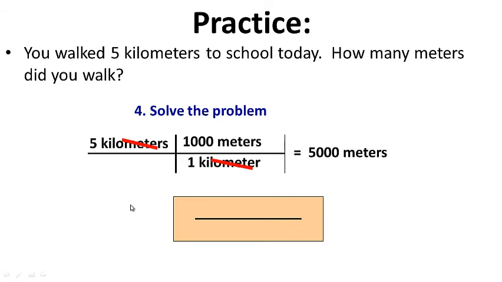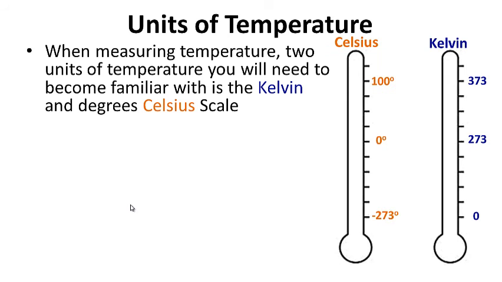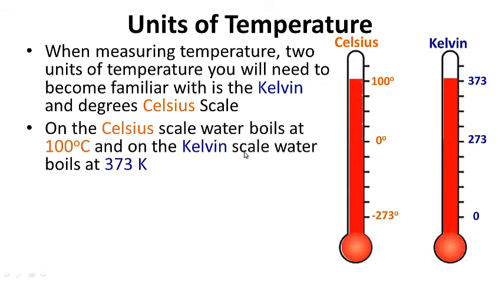All right. So the last thing we're going to talk about today is units of temperature. When measuring temperature, 2 units of temperature you will need to become familiar with are the Kelvin and degrees Celsius scales. Kelvin is the more scientific scale. On the Celsius scale, water boils at 100 degrees Celsius, and on the Kelvin scale, water boils at 373 Kelvin.